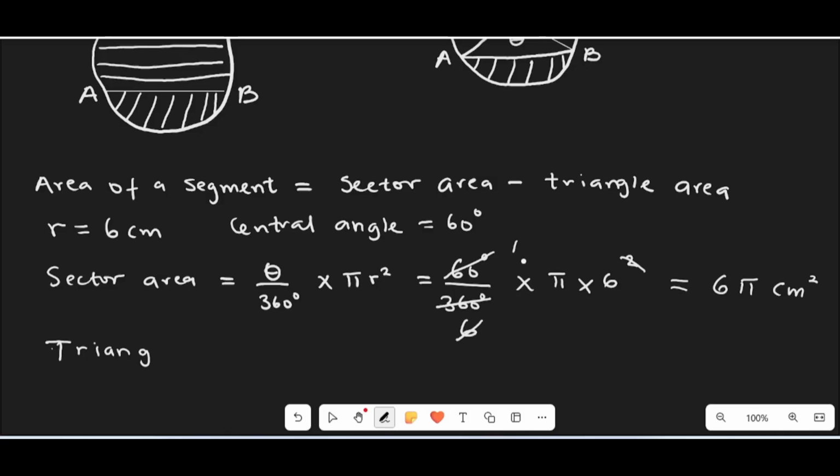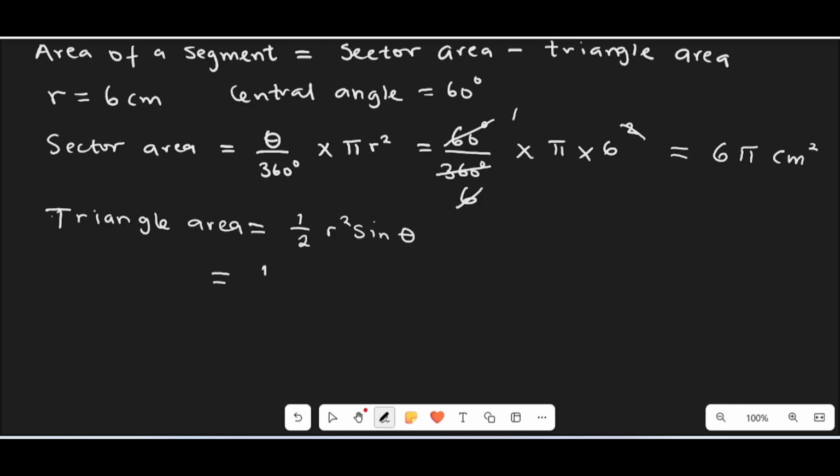Triangle area equals half r squared sine theta, which equals 1/2 multiplied by 6 squared sine 60 degrees, which equals 1/2 multiplied by 36 multiplied by root 3 over 2. 2 here 1, 2 here 18, 2 here 1, 2 in 18 is 9.